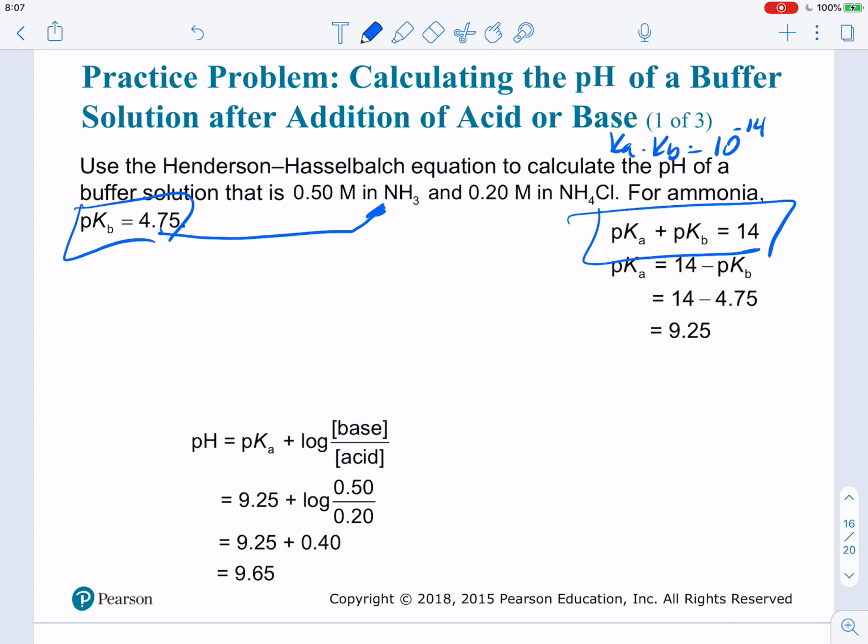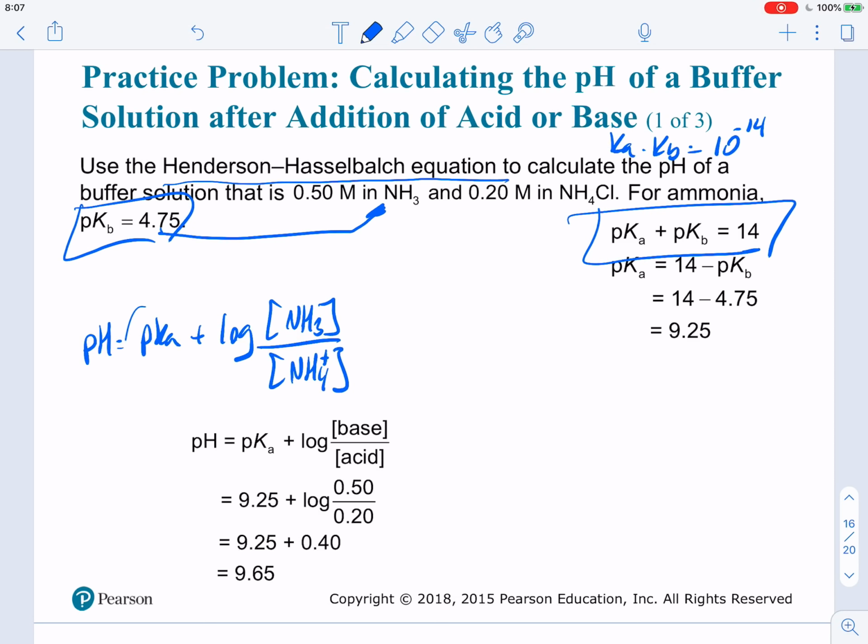But if we want to use the Henderson-Hasselbalch equation to calculate pH, then the pH is going to be the pKa plus log of NH3 over NH4, the base over the acid. We have the concentration of each one of those, okay?